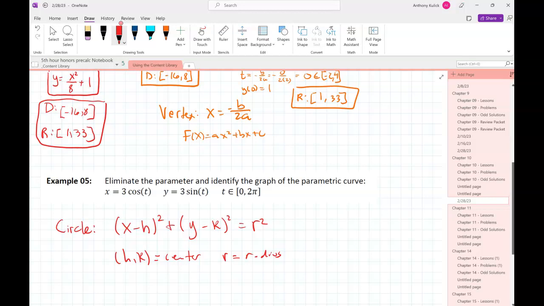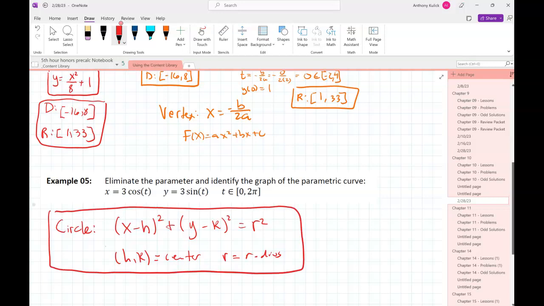Does that ring a bell? Again, that'll be useful. You'll use that throughout this chapter. That's one of those that you'll want to make sure that you remember, just like the equation for the vertex for that parabola. That'll come up quite frequently.